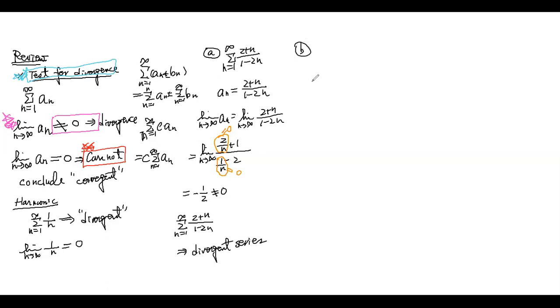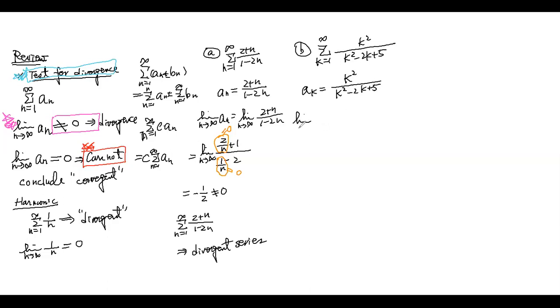Okay, let's take a look at part B. I have the sum from k equals 1 to infinity of k squared over (k squared minus 2k plus 5). So a_k is k squared over (k squared minus 2k plus 5), right?